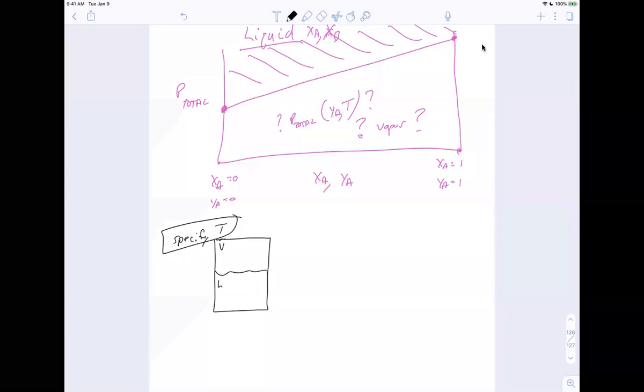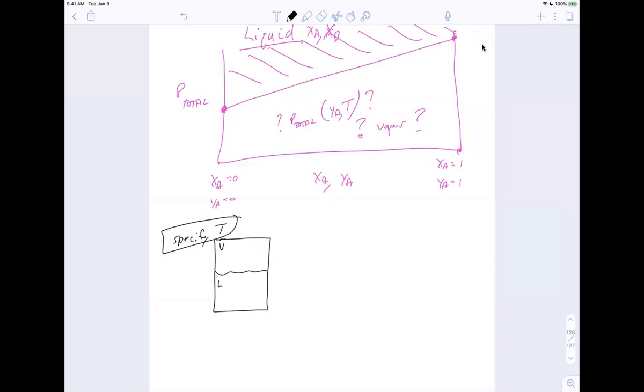okay, so temperature is constant, we know that the pressure now in the system is going to be one value, okay? We can't have the liquid be one pressure and the vapor be another pressure. They both have to be at the same pressure, okay?